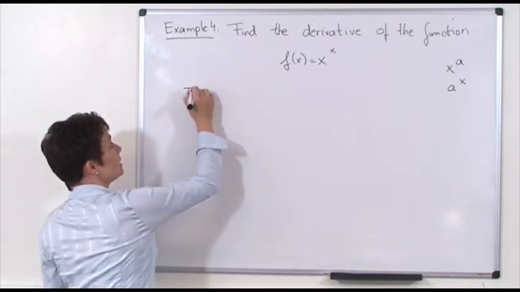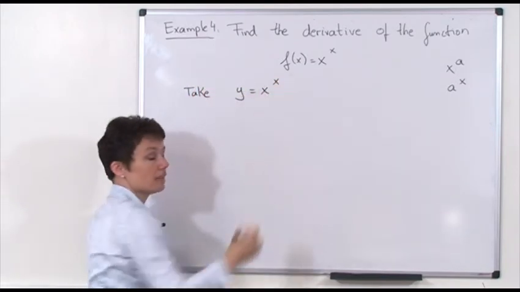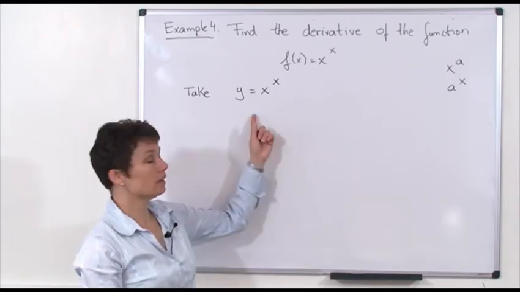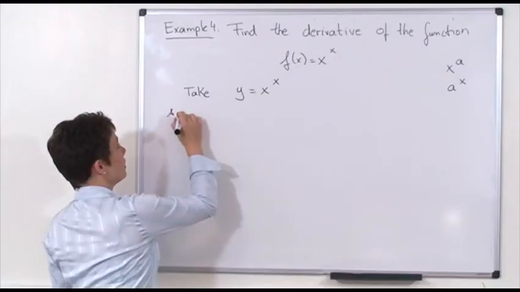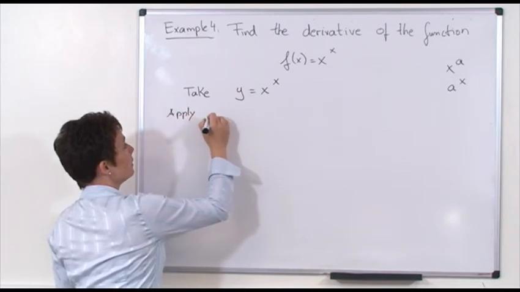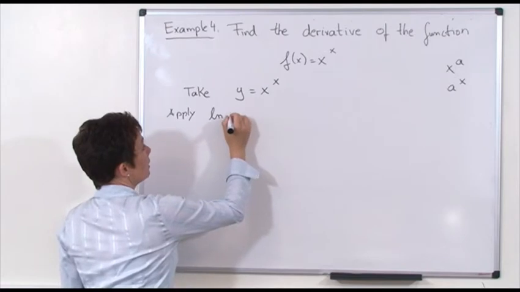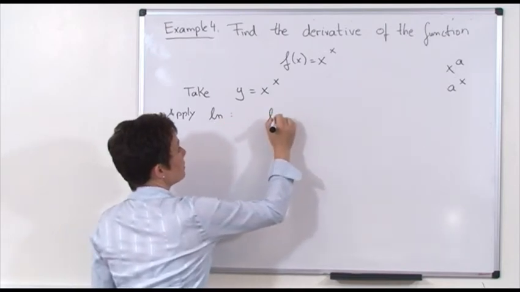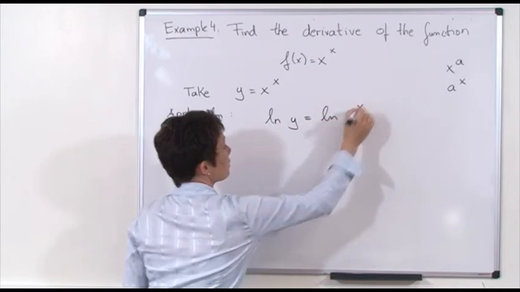So let's take the equation y equals x to the x, and the trick here is to apply the logarithm to this equation on both sides. So we apply, and I'll choose to apply the natural log, ln. So we get ln of y on the left, and we get ln of x to the x on the right.